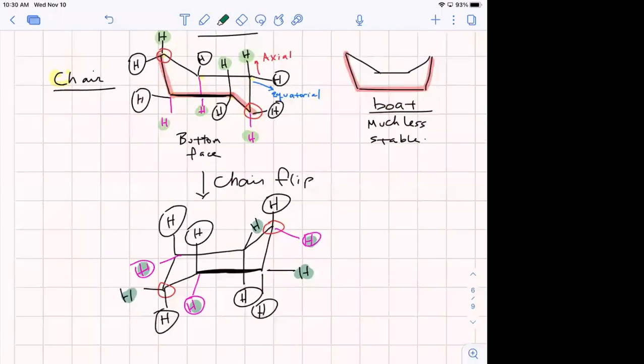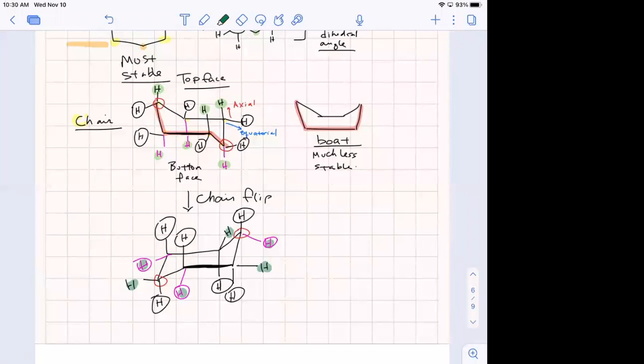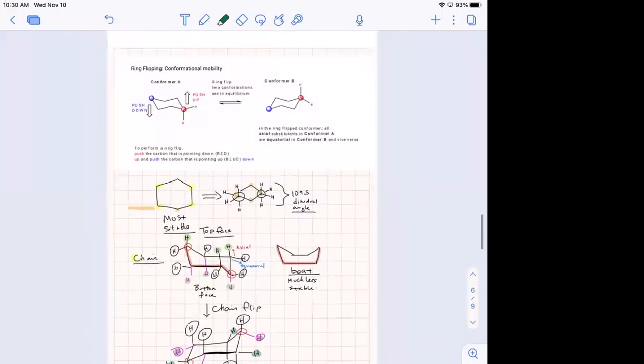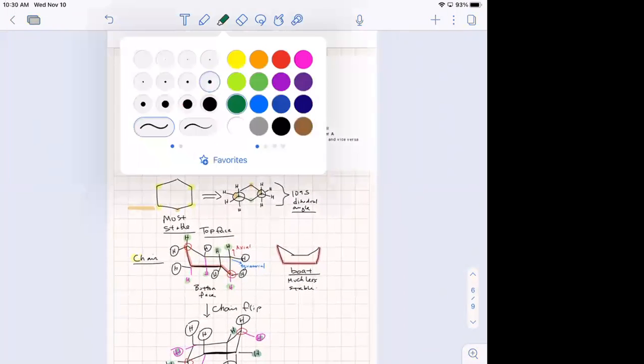So all of your axial hydrogens, when you do the ring flip, become equatorial. All of your equatorial hydrogens, when you do the ring flip, become axial. And you can see that. A ring flip is basically you contort or flex the ring. Not you, but the ring does it on its own for the sake of energetics. That's where we get the term conformational mobility from.